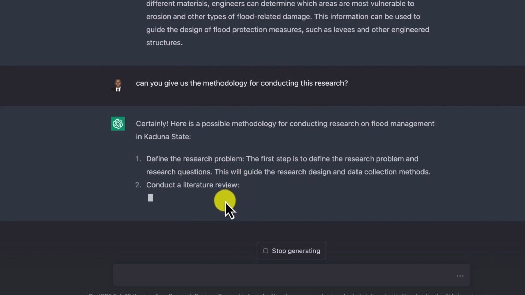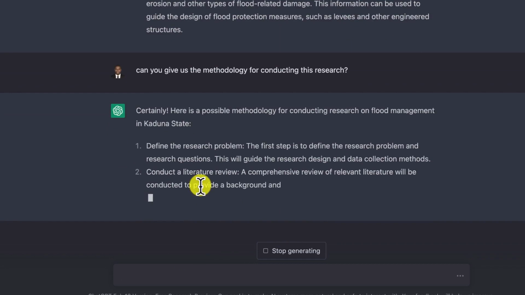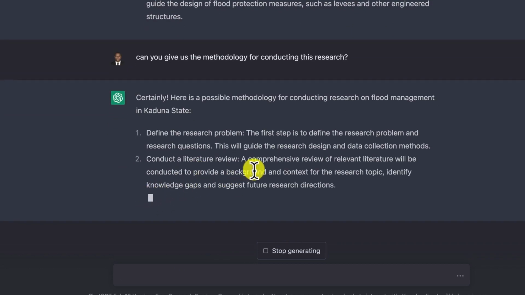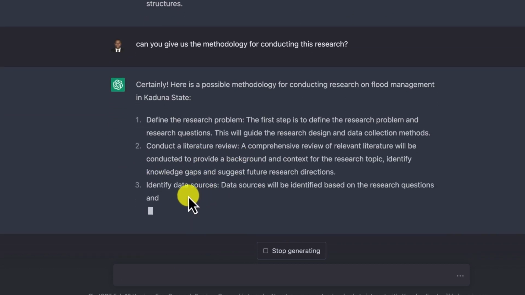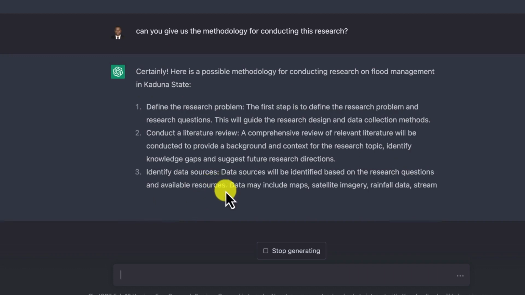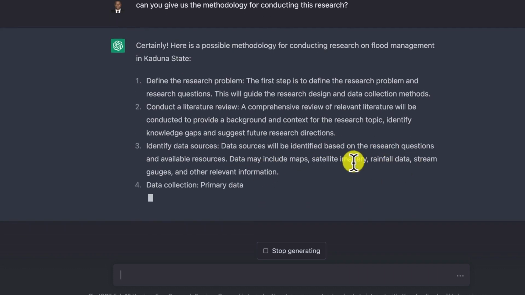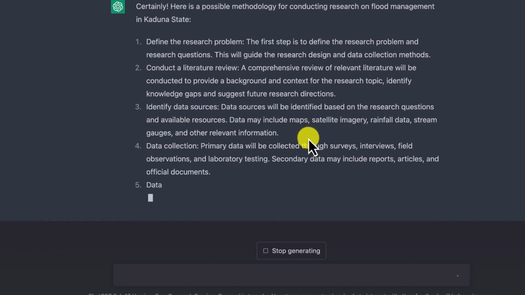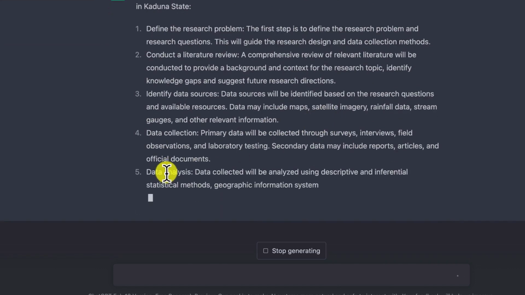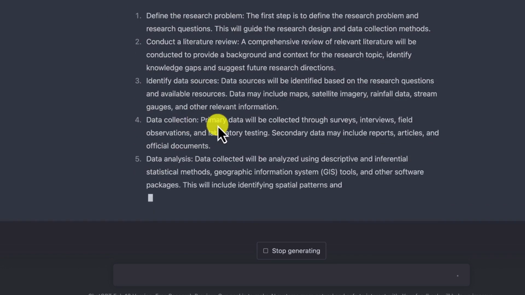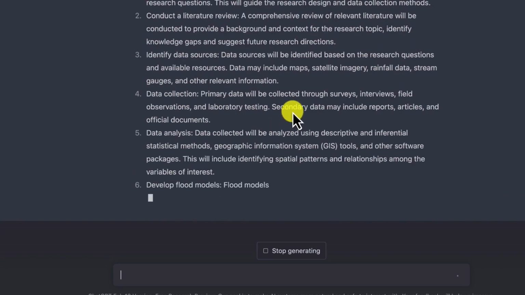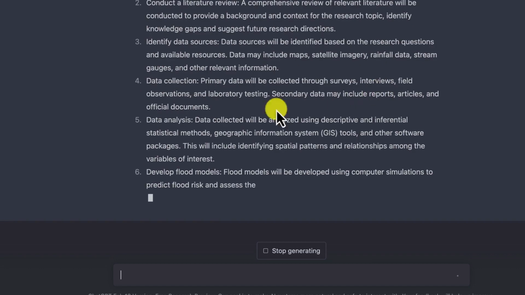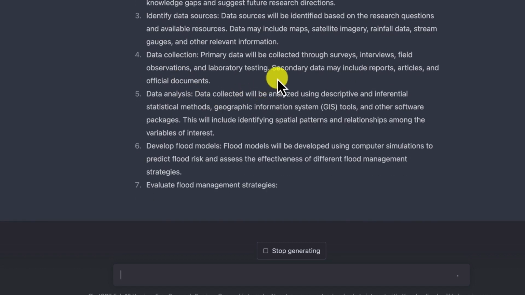Define the research problem. If you have done that, you can just restate it clearly. Conduct a literature review, which you have done, and identify data sources. Data sources could include rainfall data, stream gauges, and other relevant data, maps, satellite imagery. You can see now this is very detailed. Now, data collection: primary data will be collected through surveys, interviews, field observations, and laboratory testing.